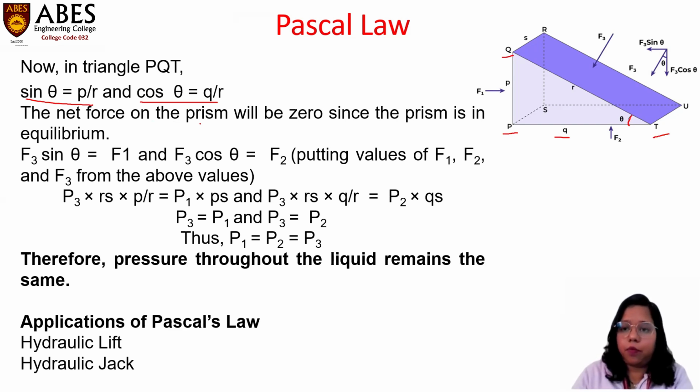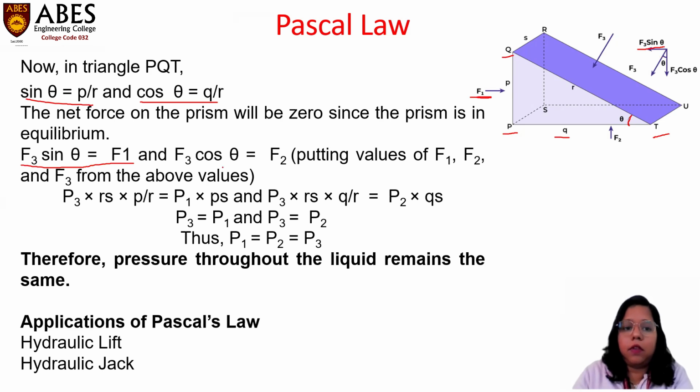So we equate the forces in x and y direction. First, in x direction, F3 sine theta will be equal to F1. It is in equilibrium, so the net force in x direction and y direction will be 0. So in x direction, F1 will be equal to F3 sine theta.